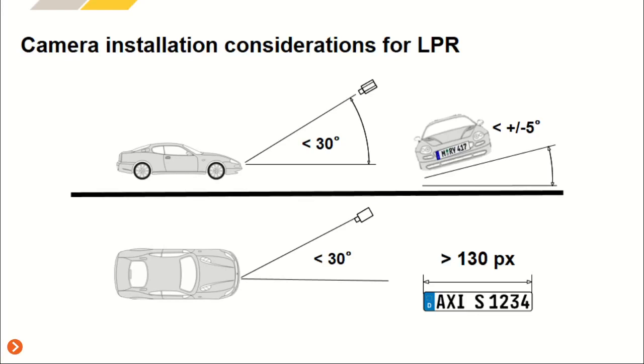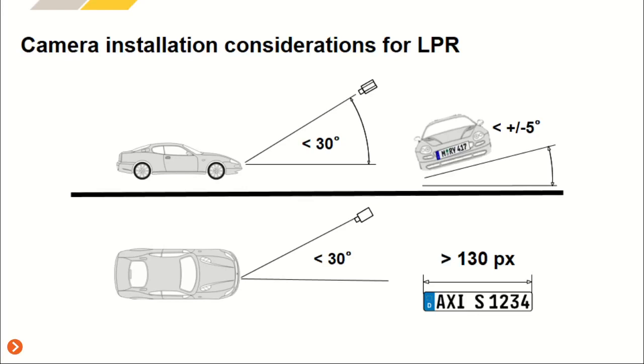We see a little bit of deviation going forward with Eocortex, but from a general perspective, this is what we are saying. The same goes for the right or left side from a license plate, 30 degrees, and the tilt of the car itself should not be more than, more or less, 5 degrees. Just some really simple rules of thumb. If you consider these, then your way of working with the cameras is much better.